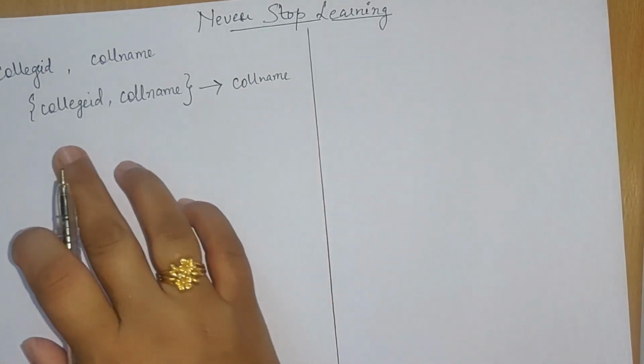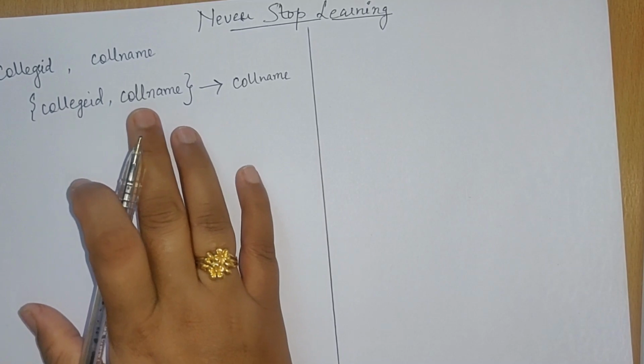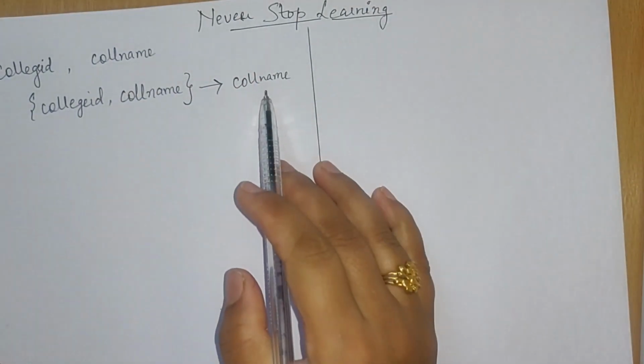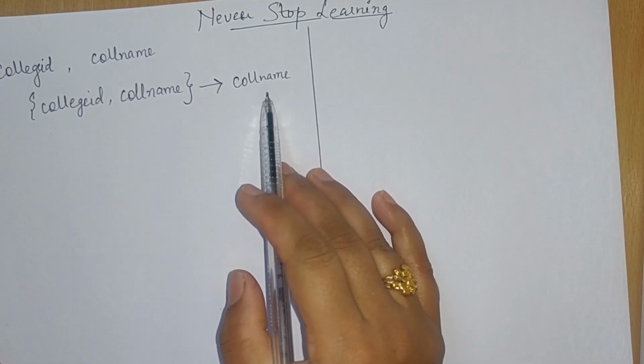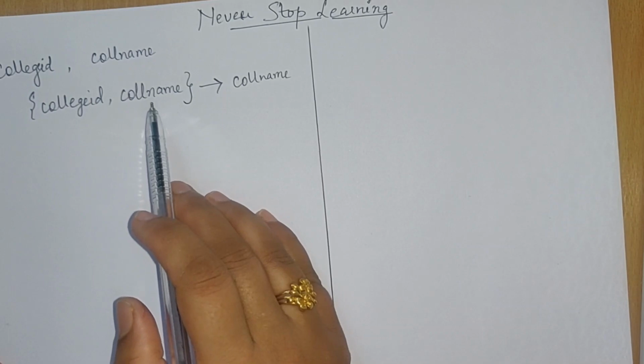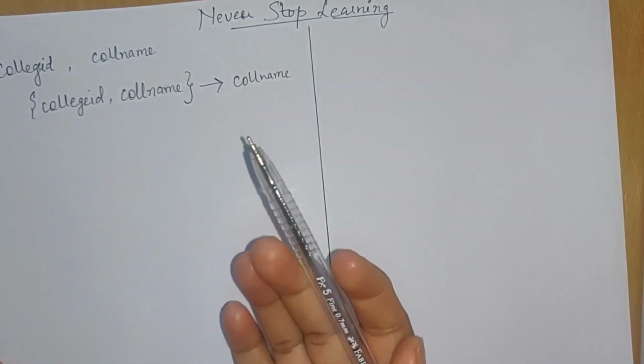So what is happening? There are two attributes, college ID and college name, and what you are determining, there is a dependency on college name. So basically what I am saying, if I'm giving you college ID and college name, you can search and tell me college name.